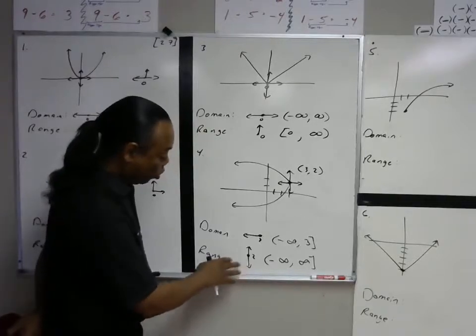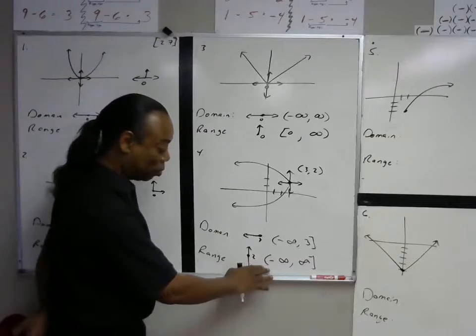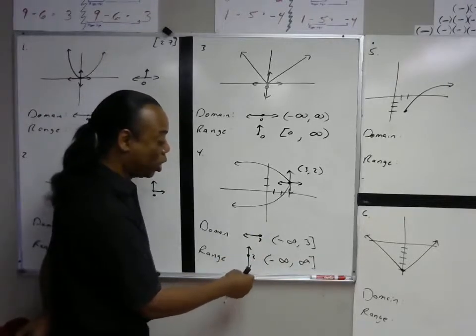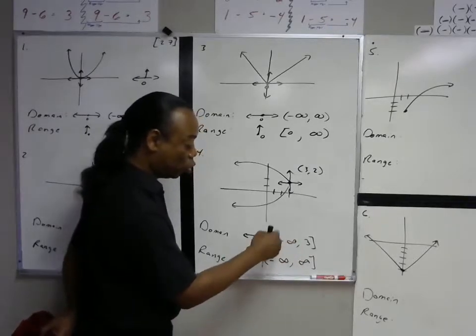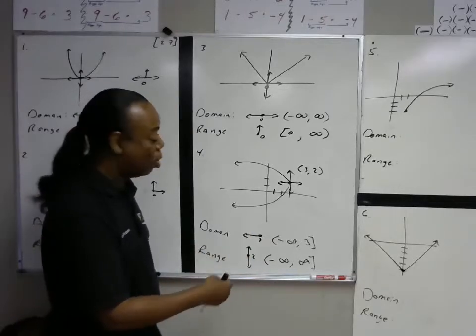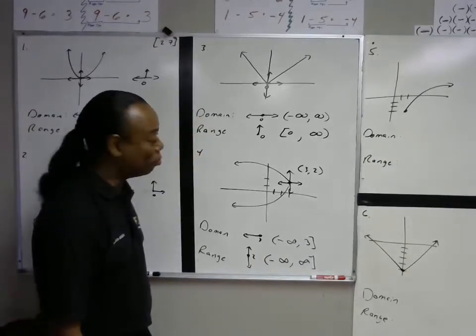So this graph or equation can produce any answer, but it's limited in what you can use as an input. You can only input numbers up to 3. You can input 3, 2, 1, 0, -1, -2, -3 as an input in the original equation, but anything past 3 will give you a failure.